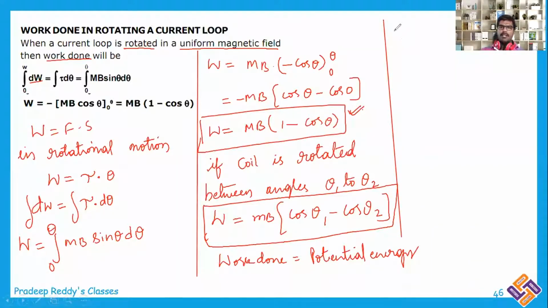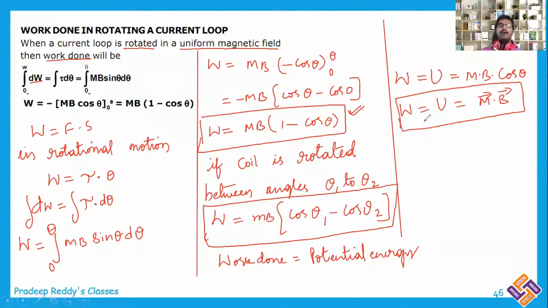That potential energy U is, taking the same equation, m into B into cos theta, where theta is the angle between the magnetic moment and the magnetic field. So therefore W is equal to U, which is m dot B.